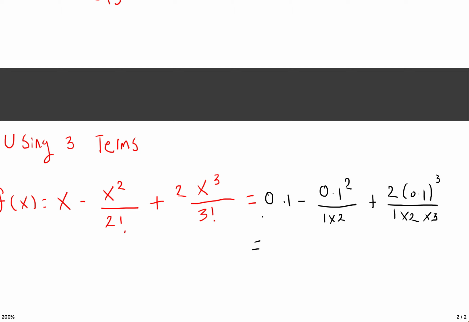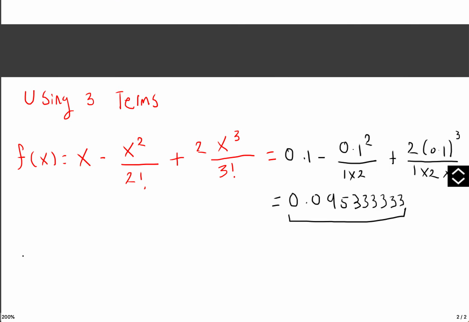If you plug this in your calculator like I just did, you're going to get 0.095 and a bunch of 3's, six 3's. So this is your approximation you got using your Maclaurin series.